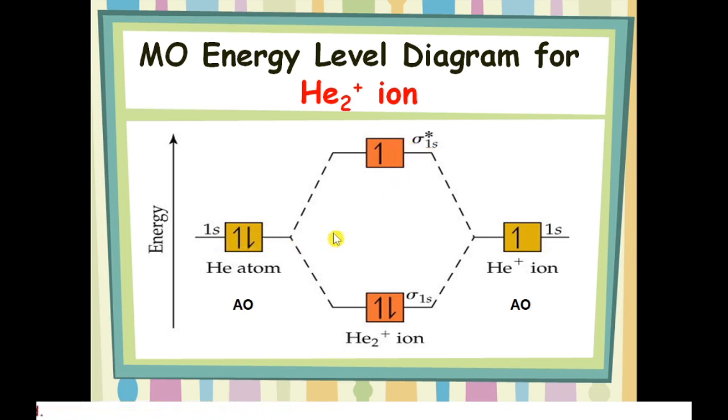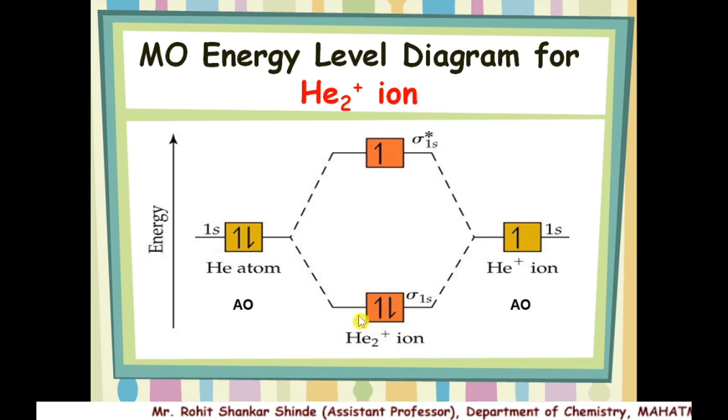Out of these 3 electrons, 2 electrons occupy the bonding molecular orbital. Since the bonding molecular orbital cannot accommodate more than 2 electrons, the third electron goes into the anti-bonding molecular orbital.